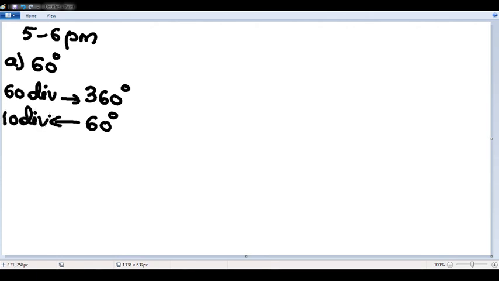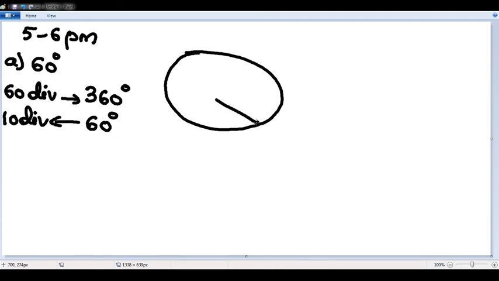Step number 1: I am converting the degrees into divisions. Step number 2: it is 5 to 6 p.m. The hour hand is at 5 o'clock. The minute hand is at 12 o'clock.